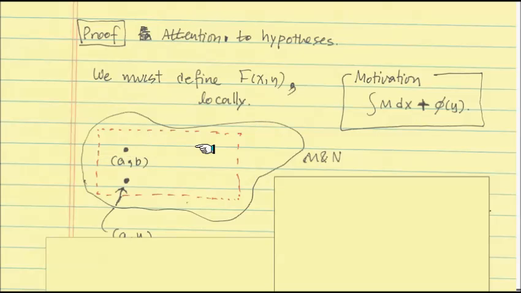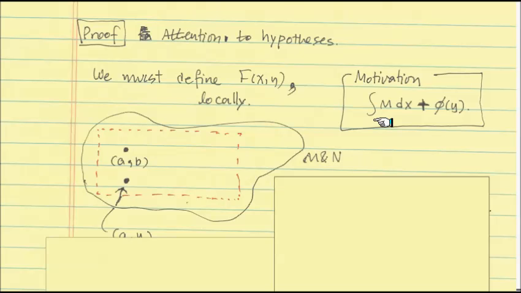Then you want some values around here horizontally. If you're integrating with respect to y first, then you want some values around here, which is eventually what we do. So we need a guarantee of some rectangular box around (a, b) where the functions M and N are defined, such that we can go through the integral process.